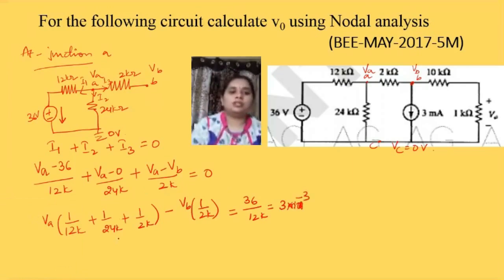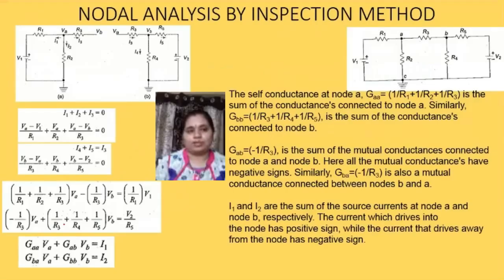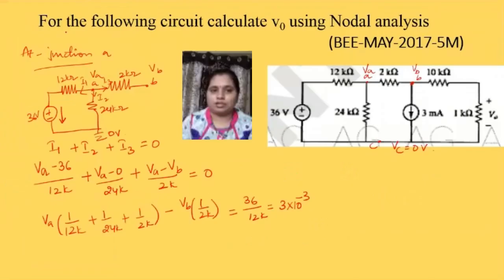Here you can compare it with the standard equation. At junction A, it is VA minus V1, that is VA minus 36. What we have written is 1 by R1 plus 1 by R2 plus 1 by R3 into VA. VA is the voltage across that junction, into the reciprocal of all the resistors connected to this node: 1 by 12K, 1 by 24K plus 1 by 2K.